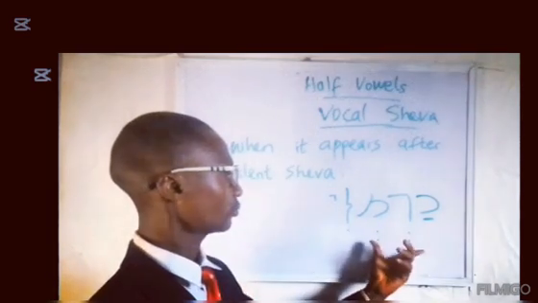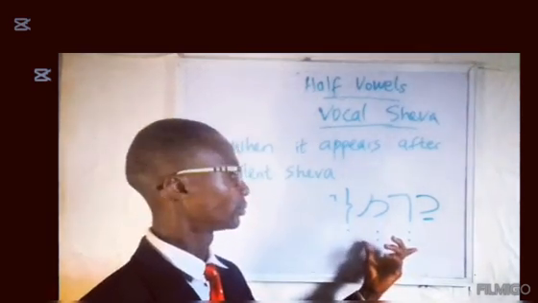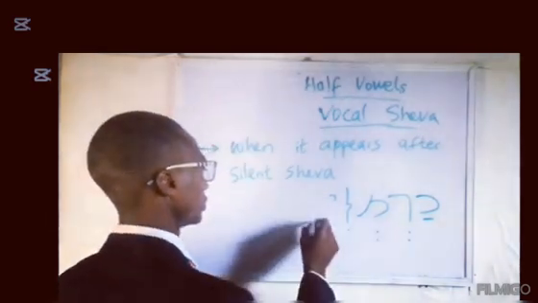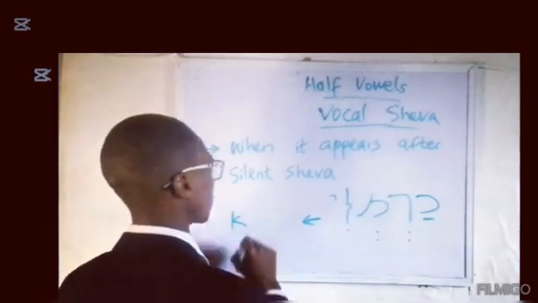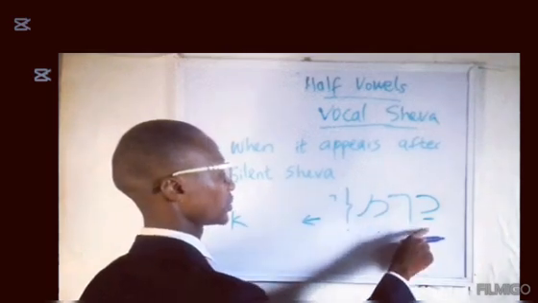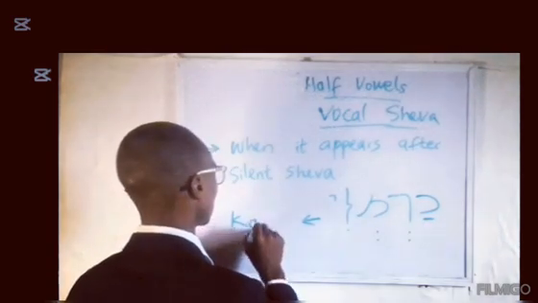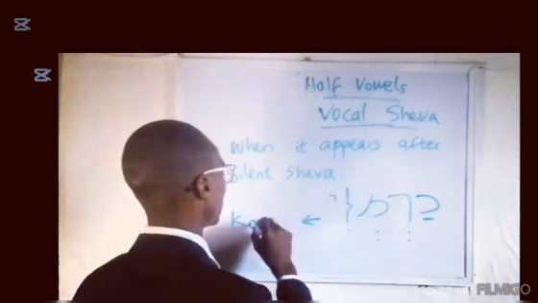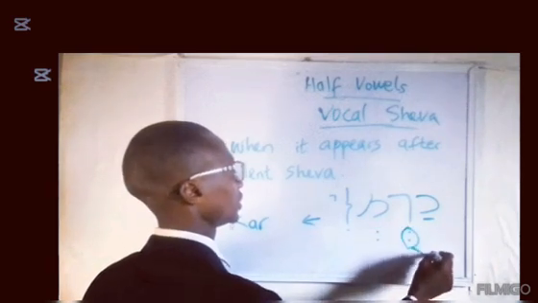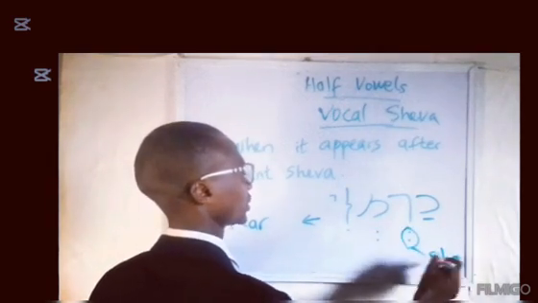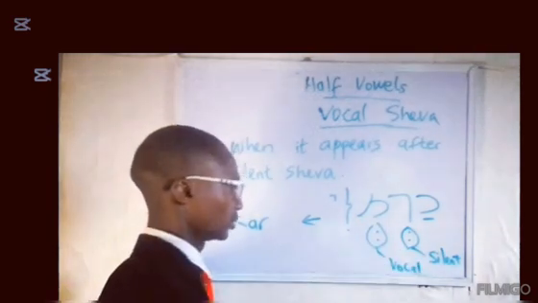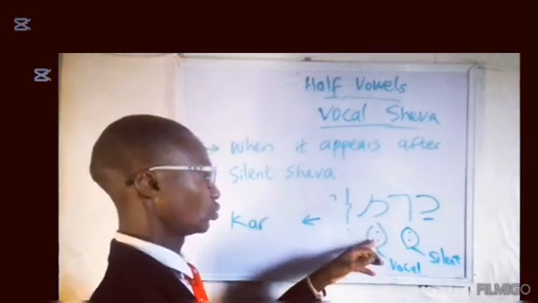Like Camel. We have Hamid. Mika, sorry. We have Papa. We have Resh. This is Sheba. This is silent. This is another Sheba. This is vocal. Now, this will continue.